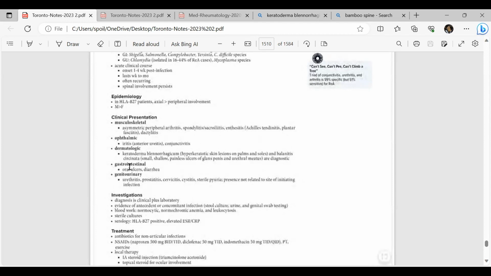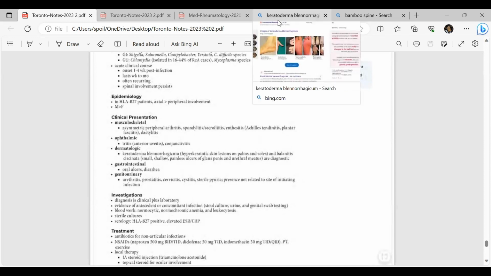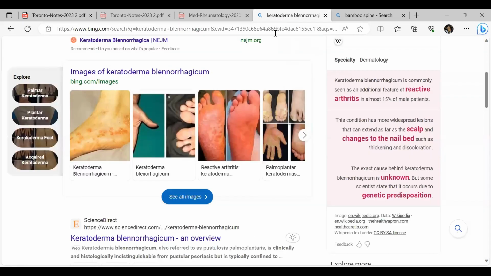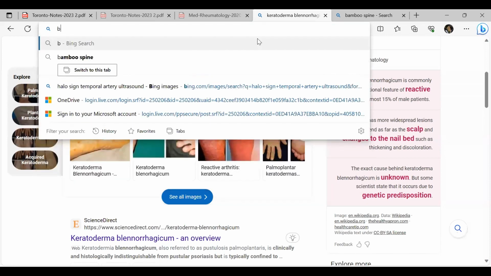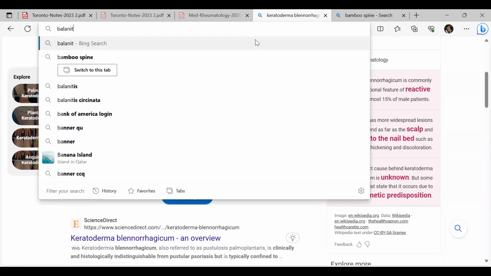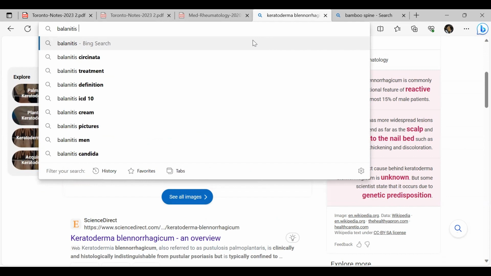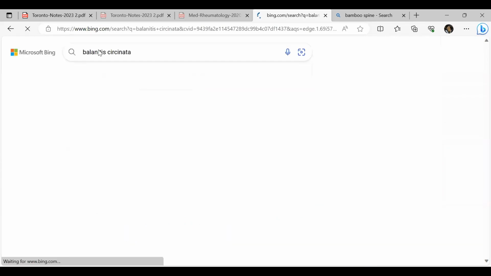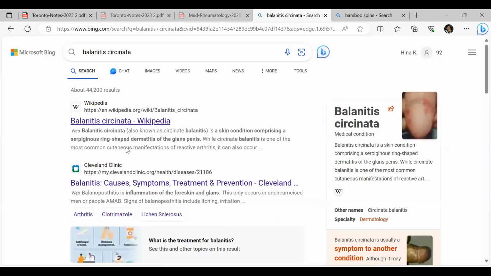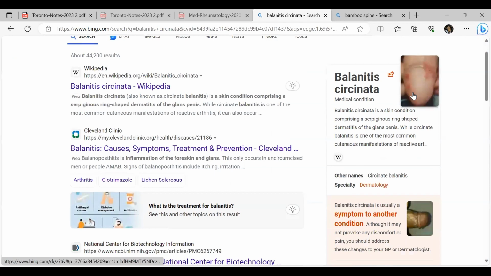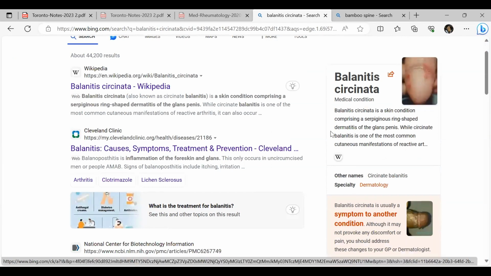Balanitis circinata. A skin condition presenting as ring-shaped dermatitis of the glans penis, with small ulcers over here.